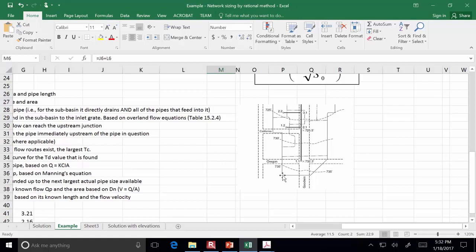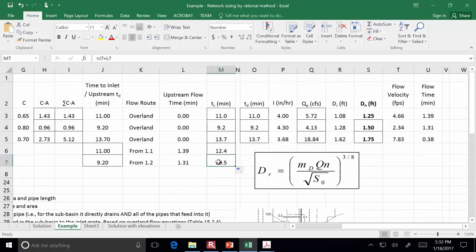So it takes the amount of time that it was flowing over the surface and then the amount of time it was flowing through the pipe. And so that's why we have this T sub C calculation, and then the longest of the three is what we would put in the T sub D column here. So it's 13.7 because the longest of those three possibilities is what governs.